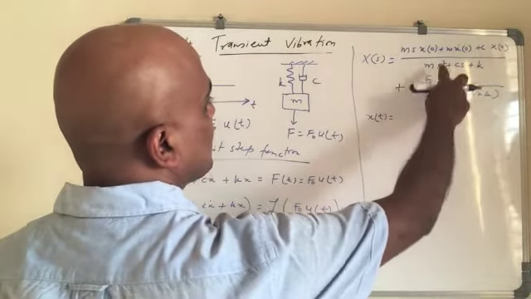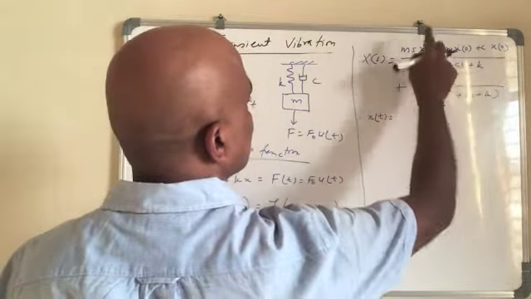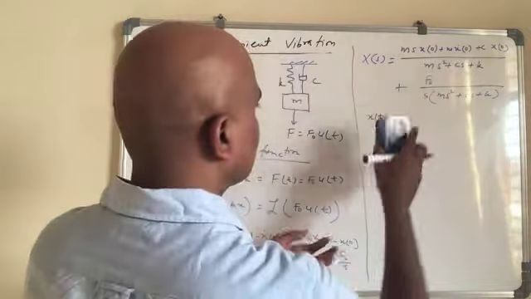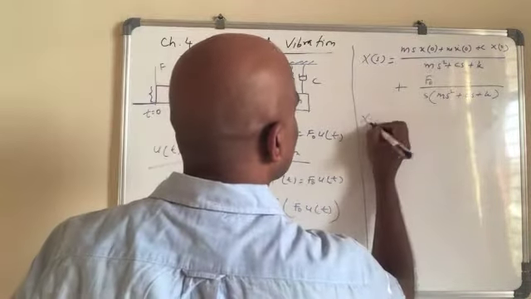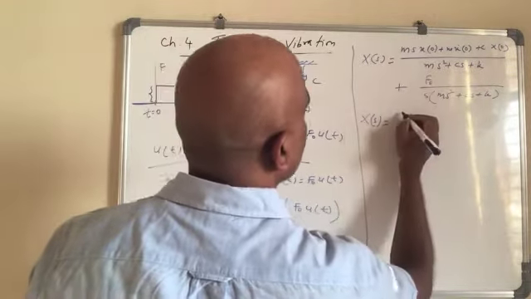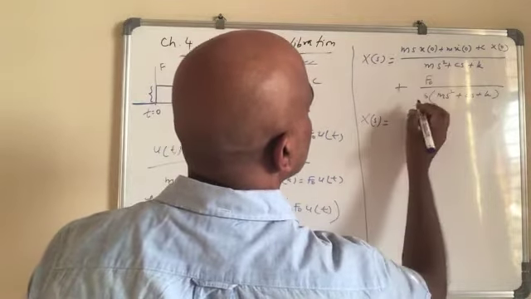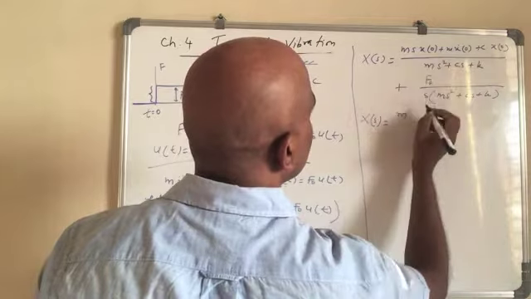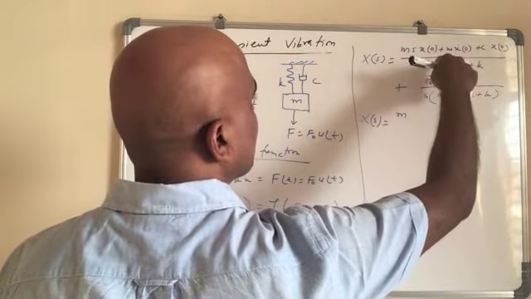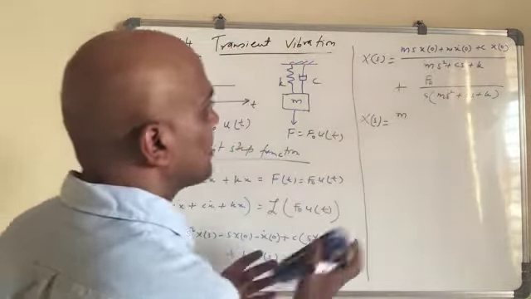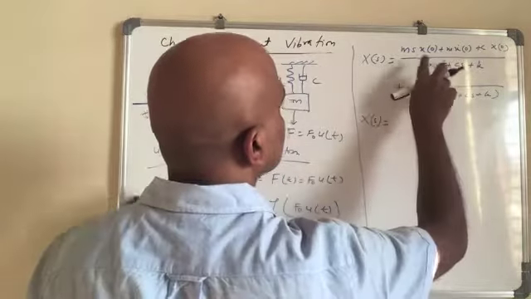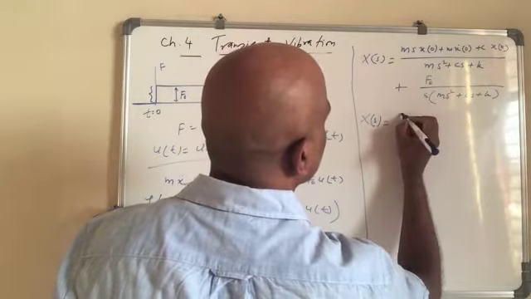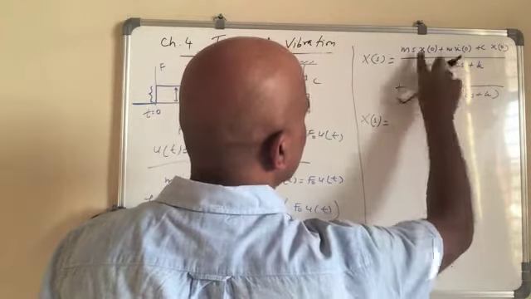If we multiply s on both the sides, finally what we get, or maybe we first write X(s) equal to, and then we get m here, but divided by m already here. Okay, just multiply only.